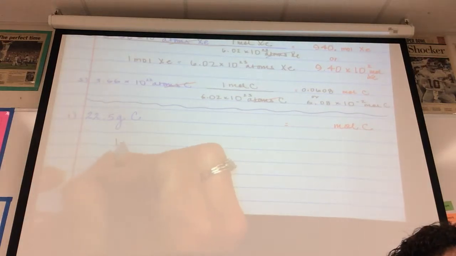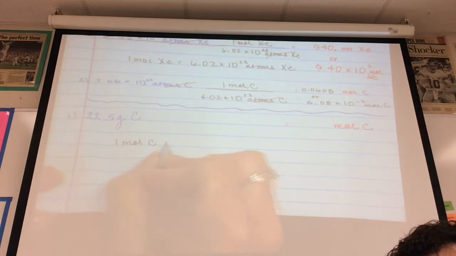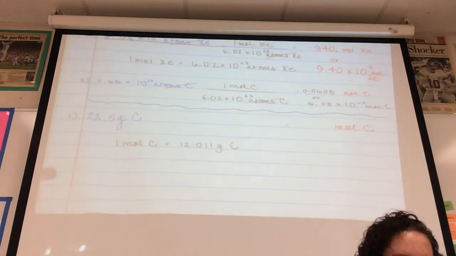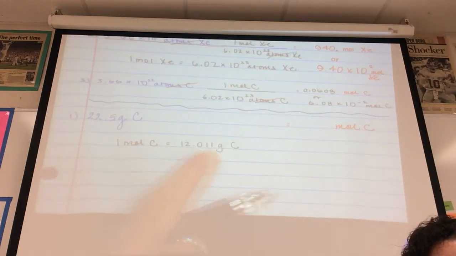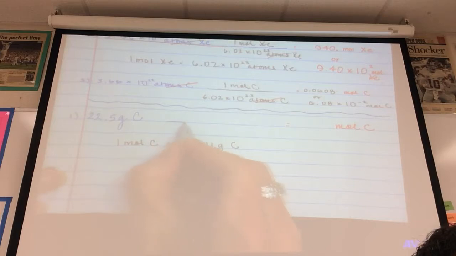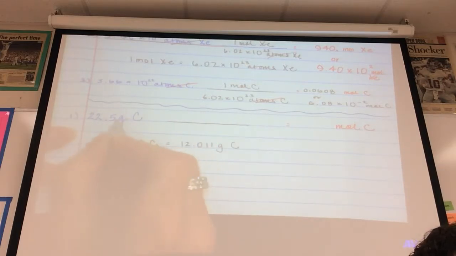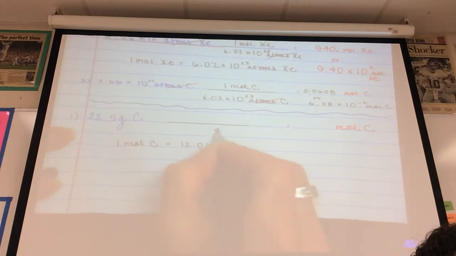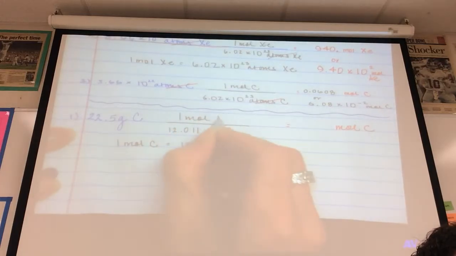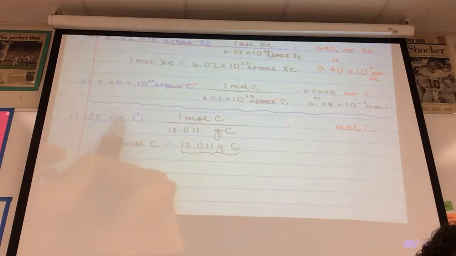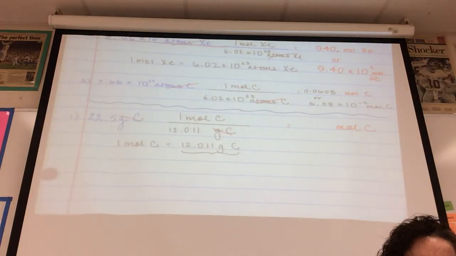We know that 1 mole of anything is equal to its mass in grams. 1 mole of any substance is equal to its mass in grams. If I have grams of carbon here, I'm going to have grams of carbon here. Don't divorce a quantity. 1 mole of carbon here. That allows me to cancel what I started with in the denominator of the first fraction.